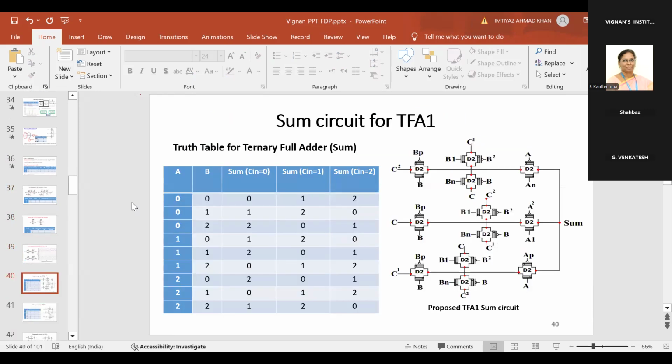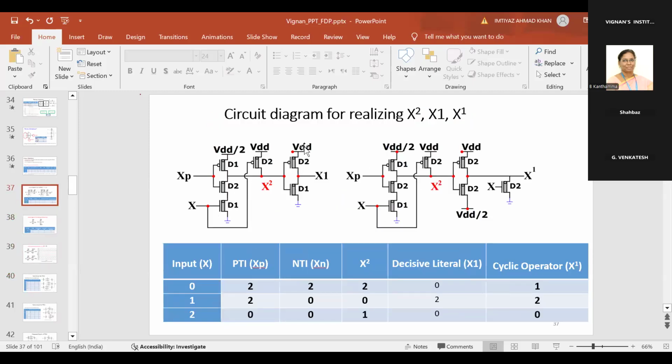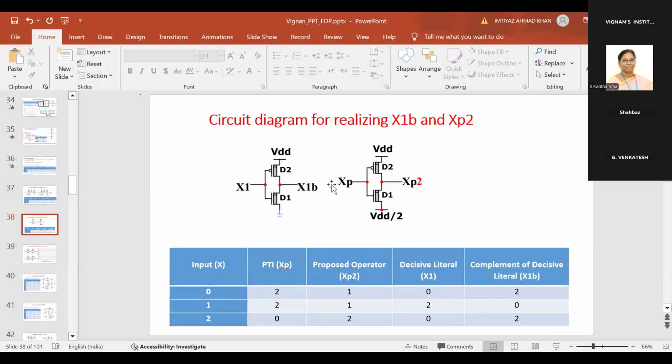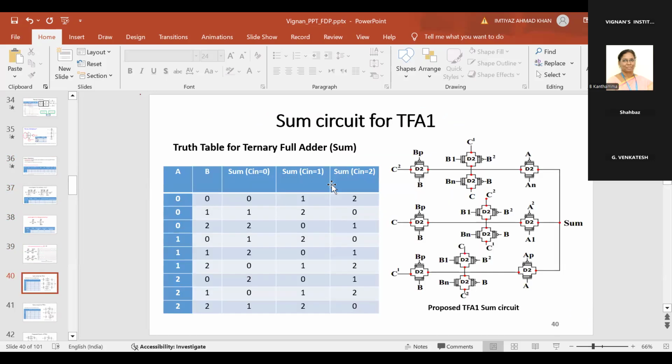Because I need to explain the ternary full adder. I have just explained the binary full adder, but for ternary I need these cyclic operators. For binary we need XOR, XNOR and transmission gates, but for ternary we need cyclic operators, positive ternary inverter, negative ternary inverter, all of these.